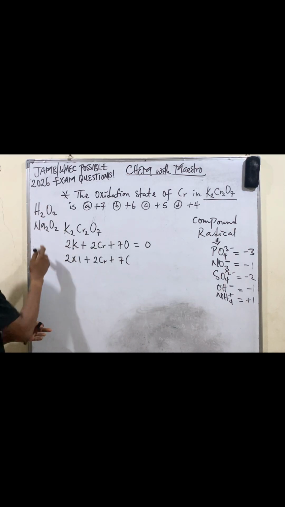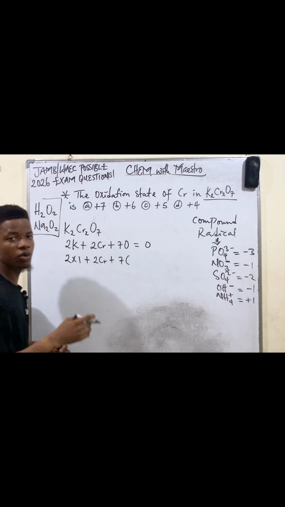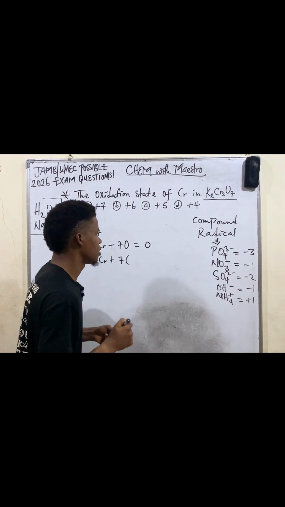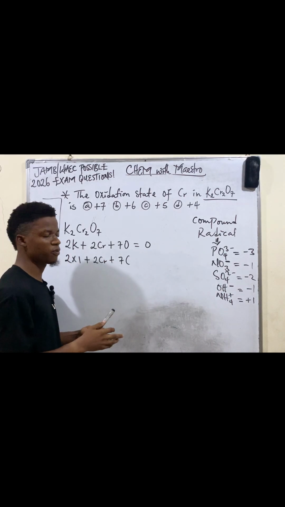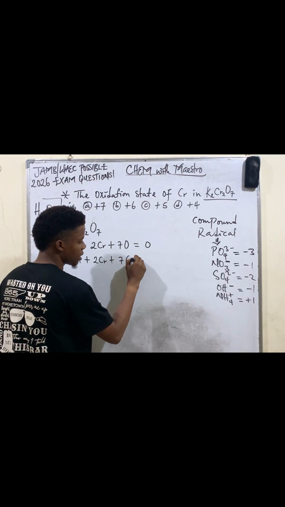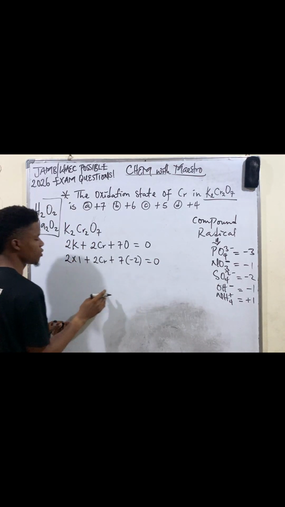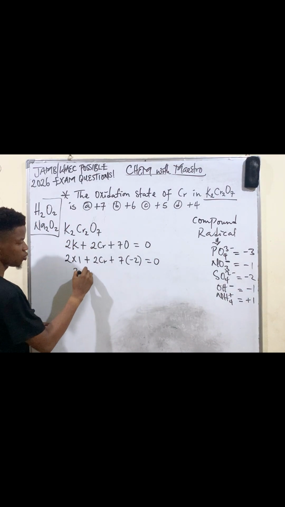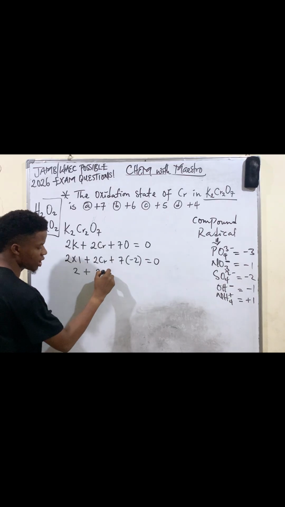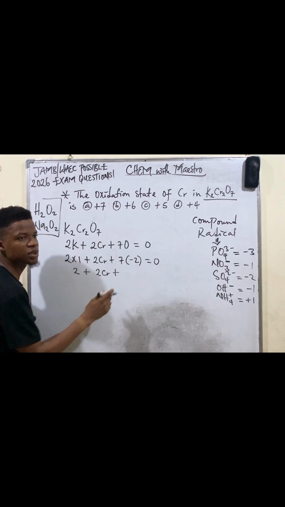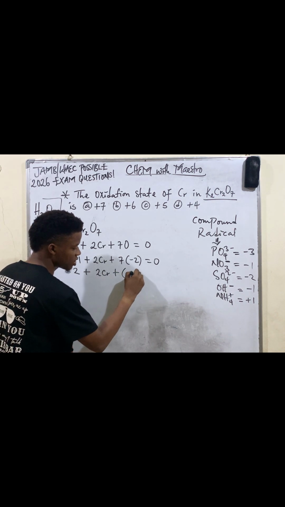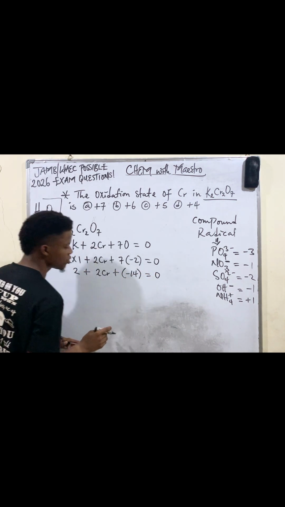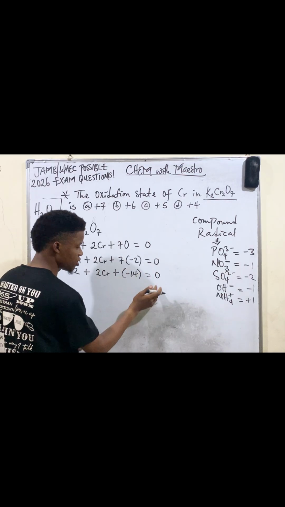With the exception of peroxides, in most compounds the oxidation state of oxygen is minus 2. So we have 2 times 1, which is 2, plus 2Cr plus 7 times minus 2. 7 times minus 2 is minus 14. Equate it to 0. Please don't forget to always equate to 0.